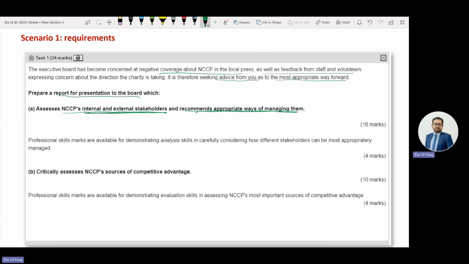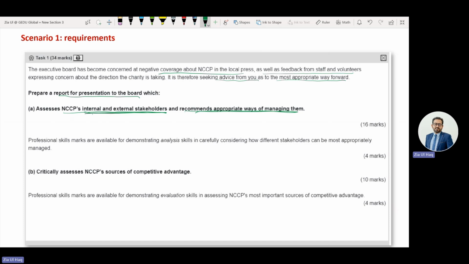We covered one question, Seashell, a company operating on the island, processing and selling fish. The same requirement was there, and we covered this topic regarding stakeholders over there. So we need to assess NCCP's internal and external stakeholders.